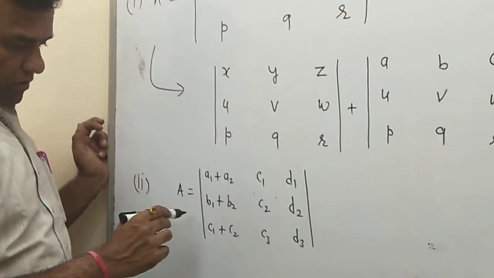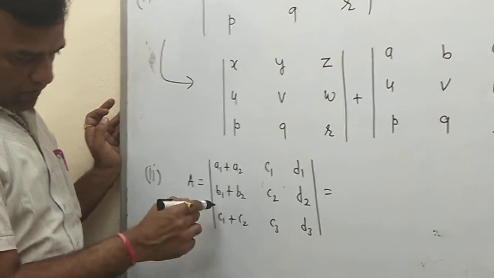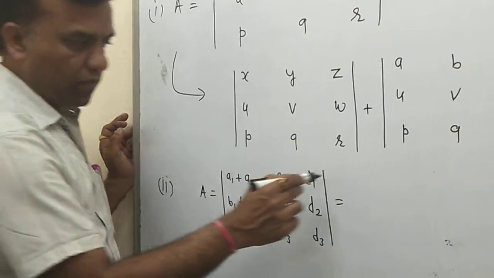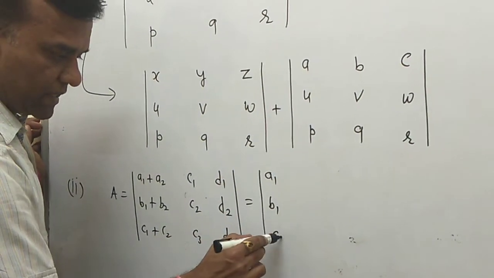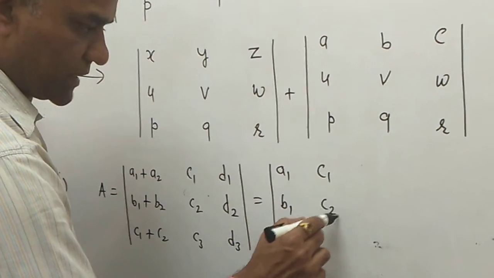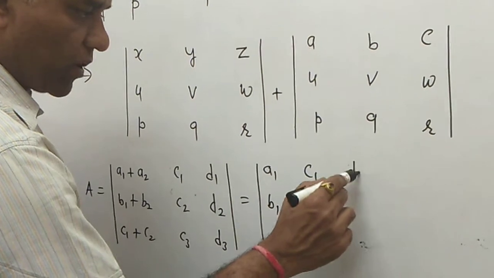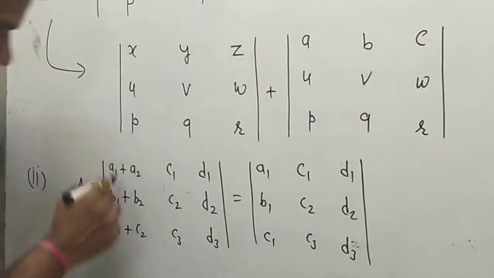You can express this in the form of an addition. In the first determinant you put a1, b1, c1 as it is, then the second column c1, c2 and c3 as it is, and the third column again as it is, with no change.